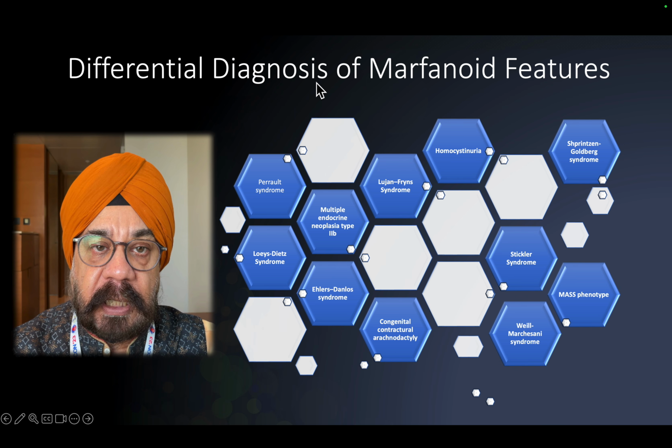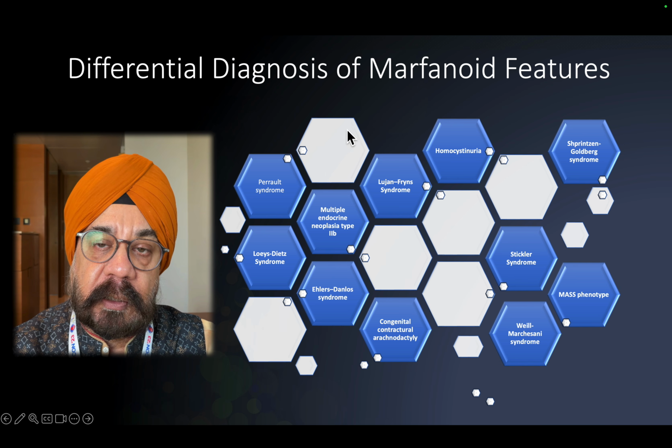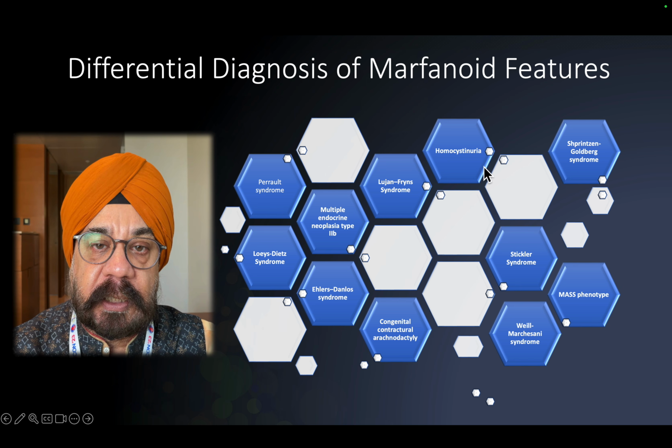All the skeletal features, tall build, hyperextensibility, and skin laxity. And these can happen in many conditions like homocystinuria, Ehlers-Danlos syndrome, Loeys-Dietz syndrome, and many more. So we need to differentiate: is it one of these syndromes or is it Marfan?